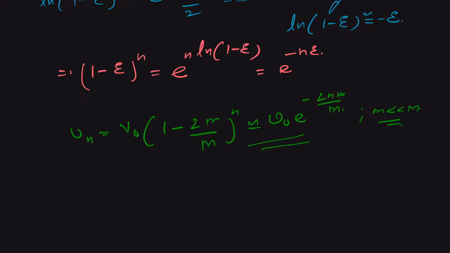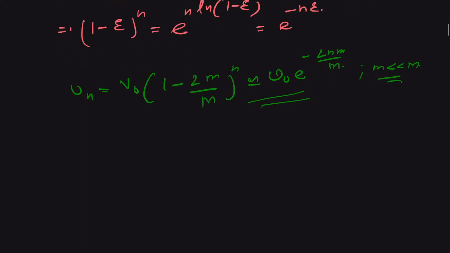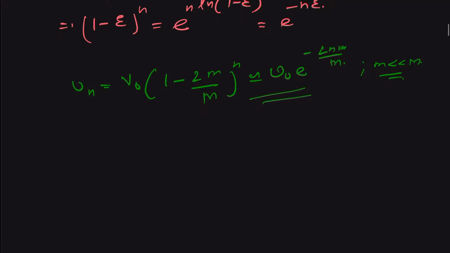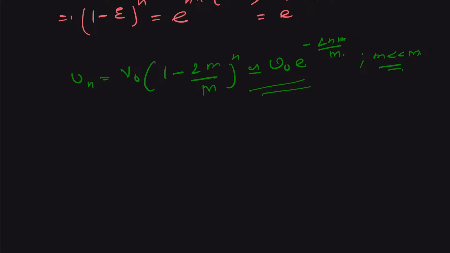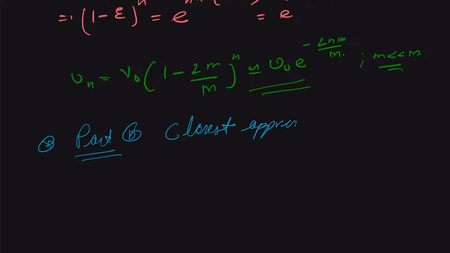Okay. Now we come to part B, and part B is the distance of closest approach of the block to the wall. So for part B, we have to find out the closest approach of the block to the wall.